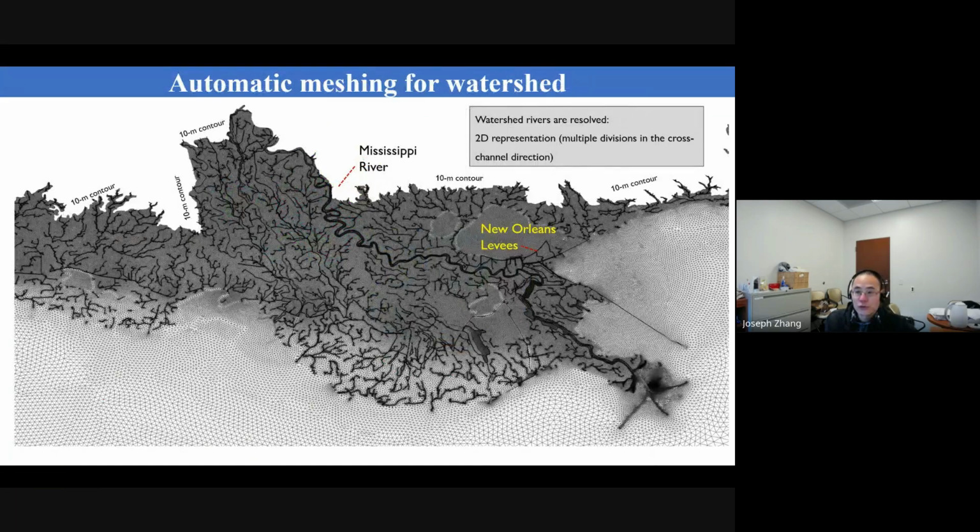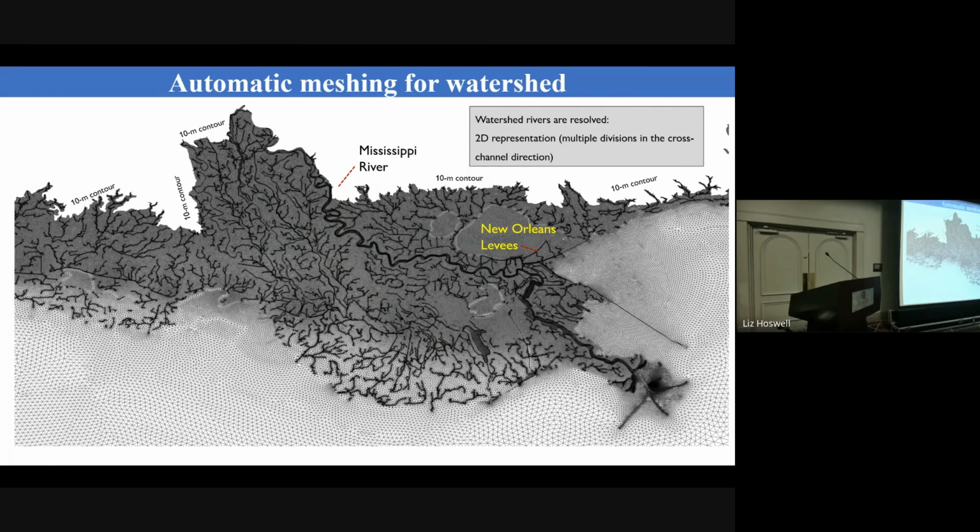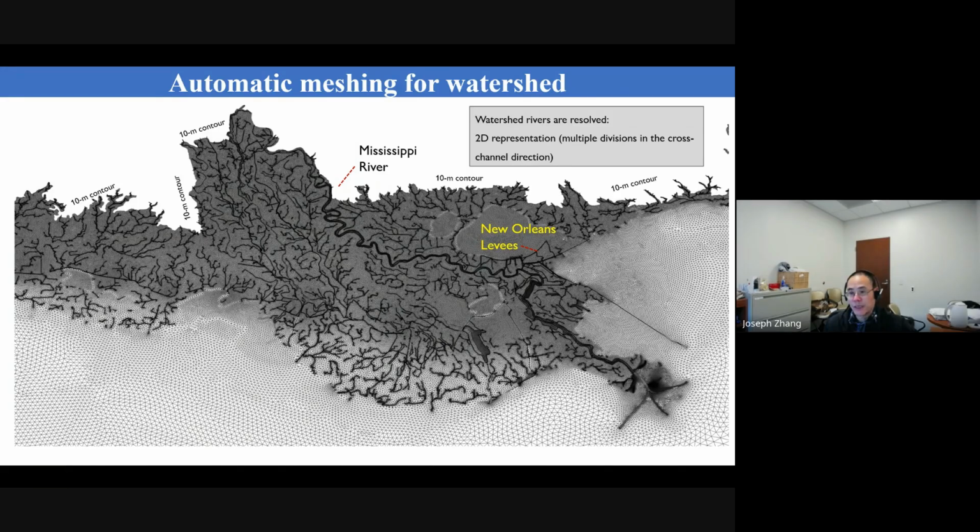So in order to do this well, we quickly found out that we really have to do a better job in terms of meshing, right? The river network inside the hydrological regime is extremely complex, and the DEM quality really varies.